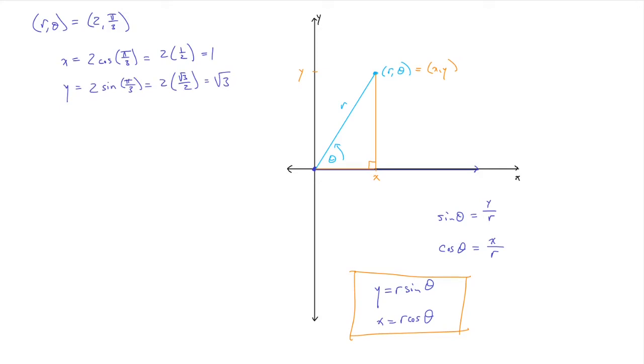Similarly, y is equal to r times the sine of theta, so y is 2 times the sine of pi over 3, and the sine of pi over 3 is the square root of 3 over 2, and so y is equal to the square root of 3. And so in Cartesian coordinates, the polar coordinate point (2, pi over 3) is the Cartesian coordinate point (1, square root of 3).